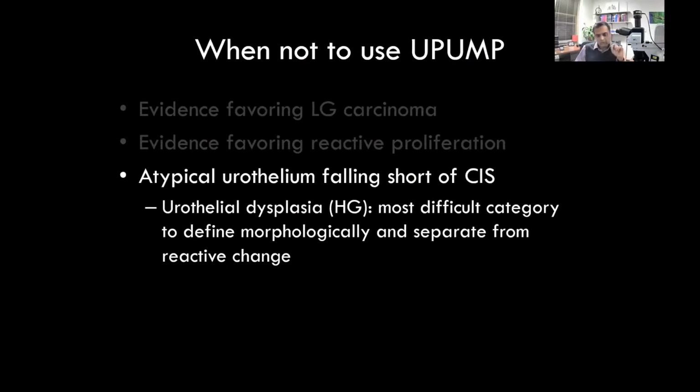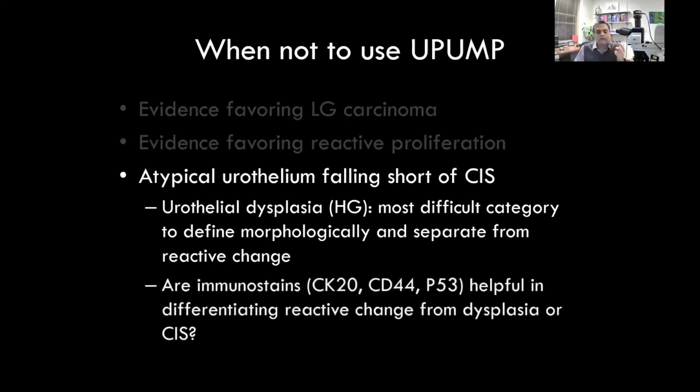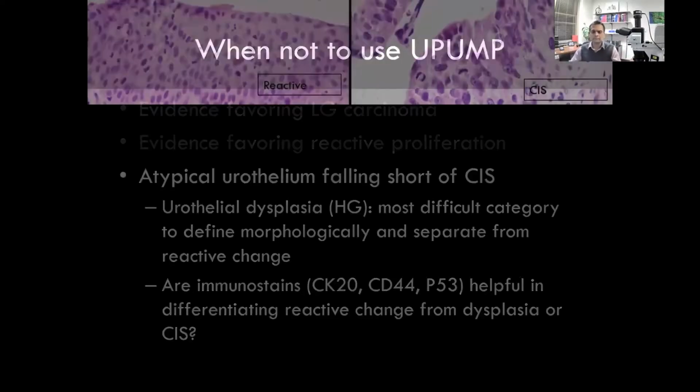So the next question should be, are immunostains actually helpful in differentiating the possibility of a reactive change from dysplasia, which is just before CIS, or CIS itself? So there have been a lot of studies, and we've used these immunostains for a long period of time, but the fact that we are still talking about this means that it's not entirely helpful, right? So let's take a look at an example here.